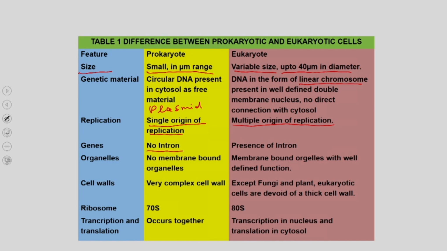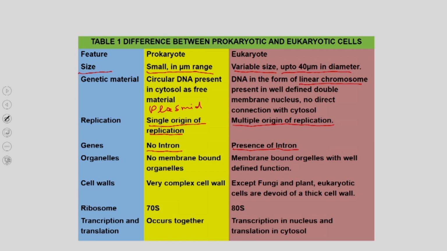Prokaryotic genes do not contain introns. We will discuss introns in subsequent lectures. Introns are actually the non-coding regions present in the genome. These regions are not present in the case of prokaryotes, but they are present in the genes of the eukaryotic system.